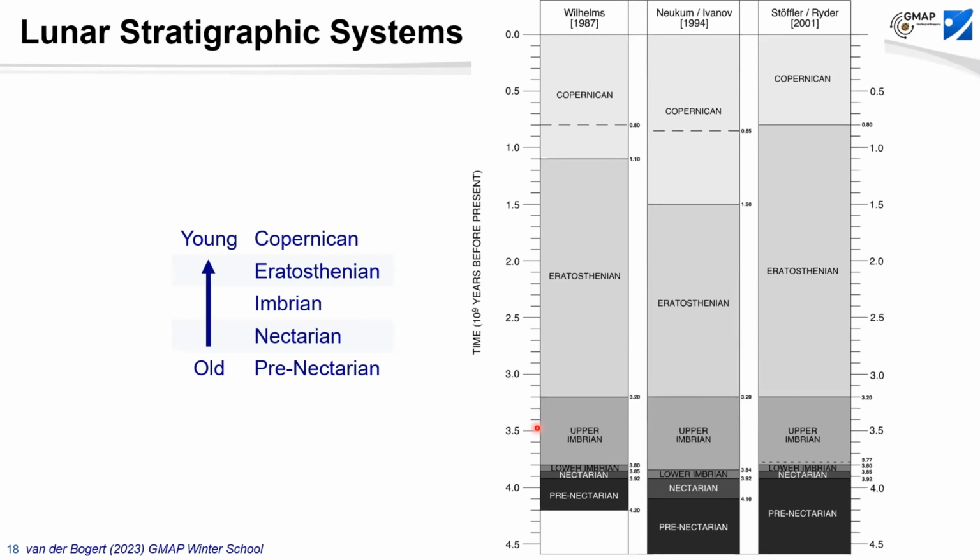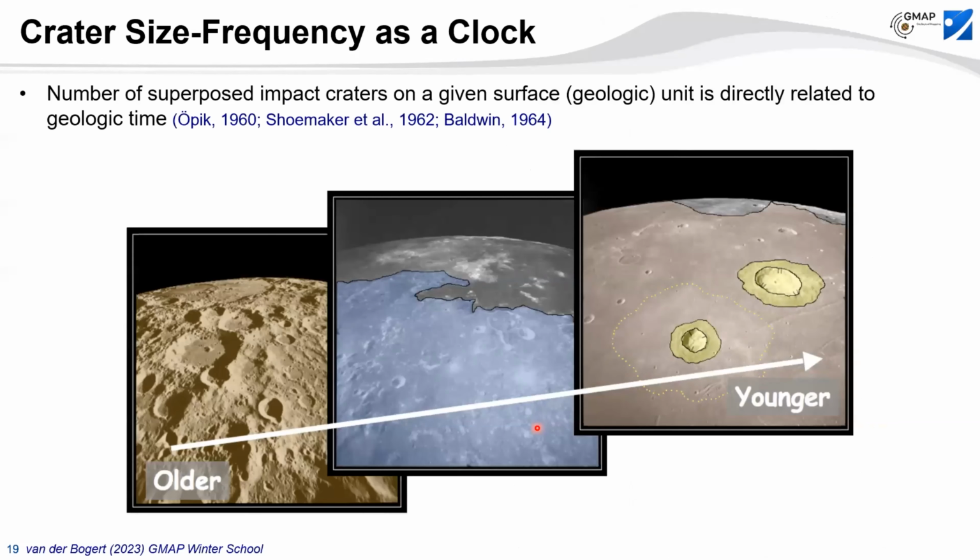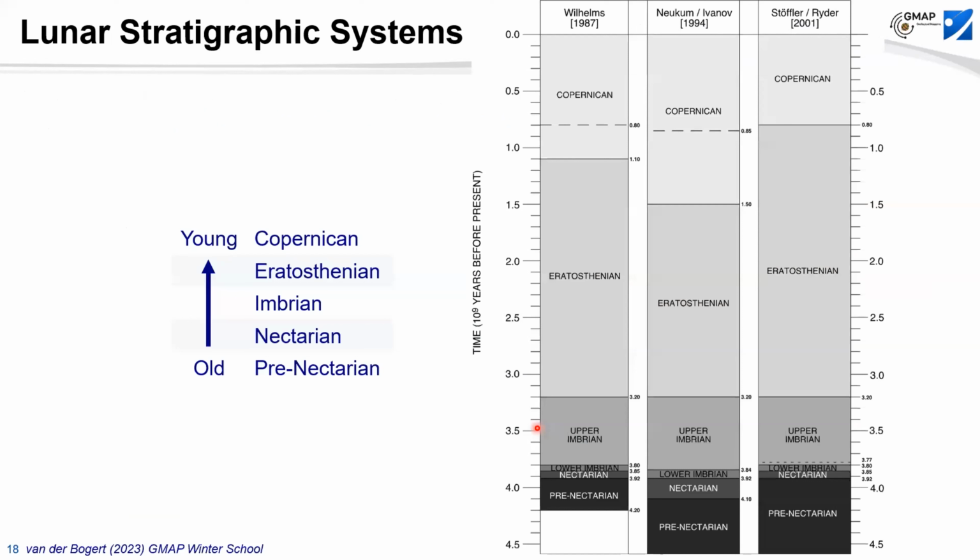Basically, it's based on the idea that impact cratering is a process that happens over time, and that older surfaces have more craters on them than younger surfaces. So without even measuring a number of craters and sizes of craters, you can assemble a stratigraphic system using the empirical observation of surfaces with more or fewer craters.